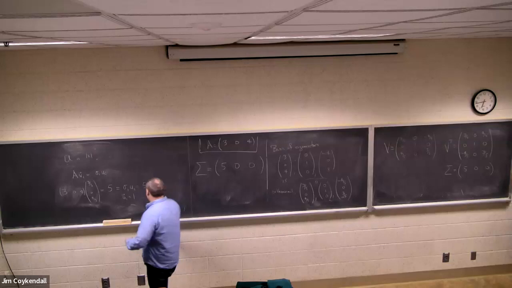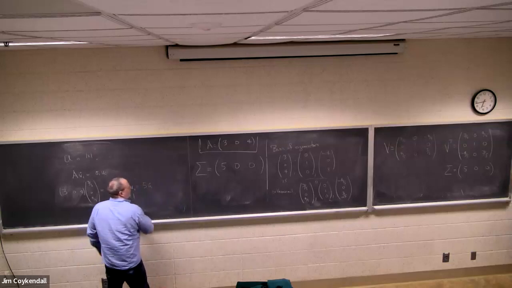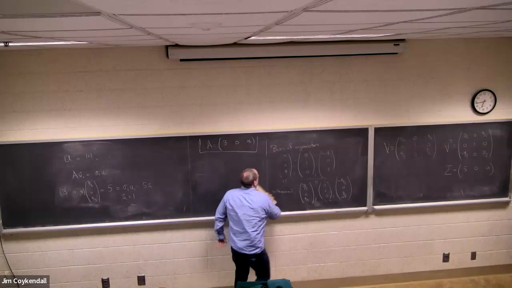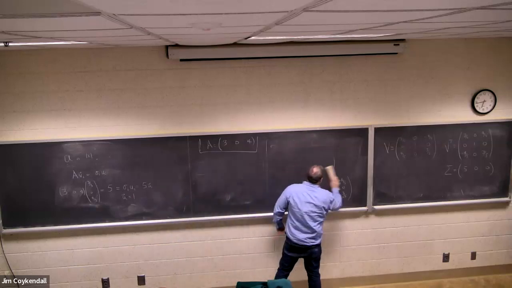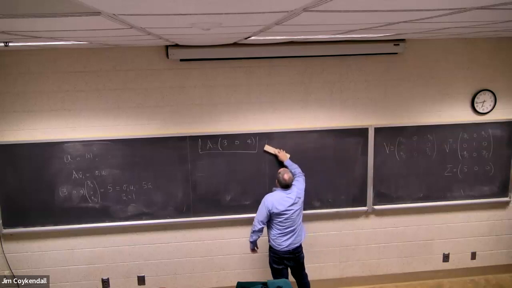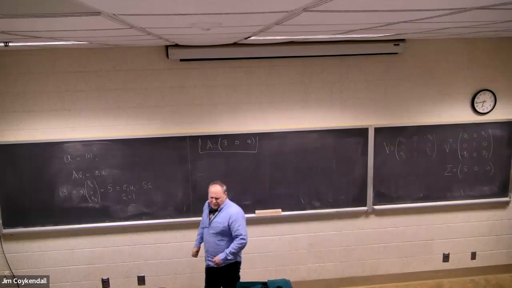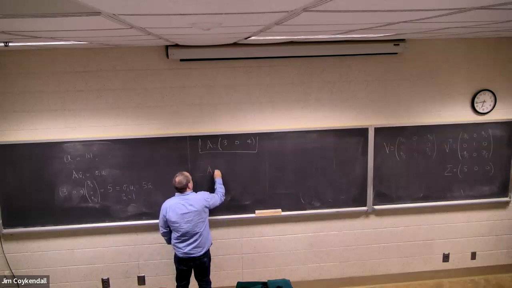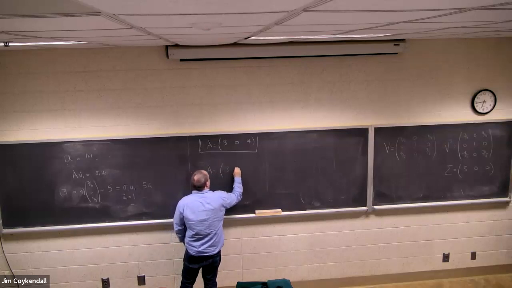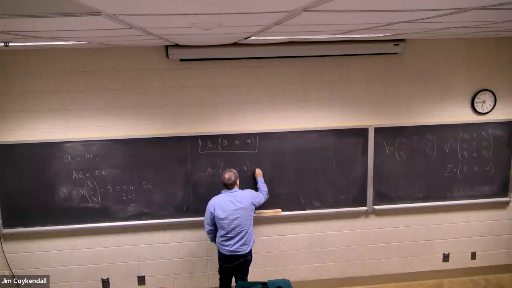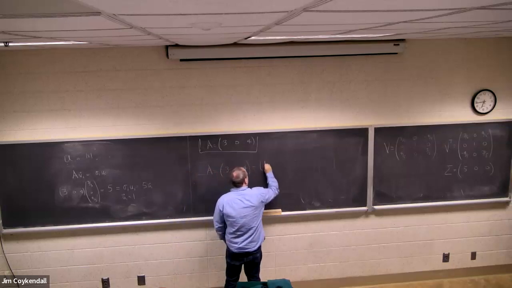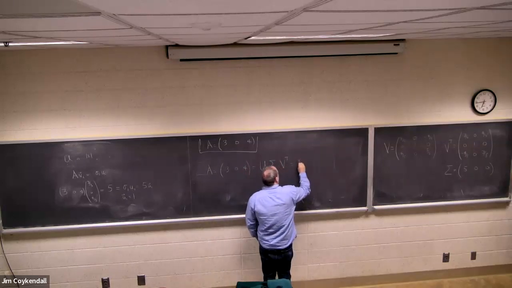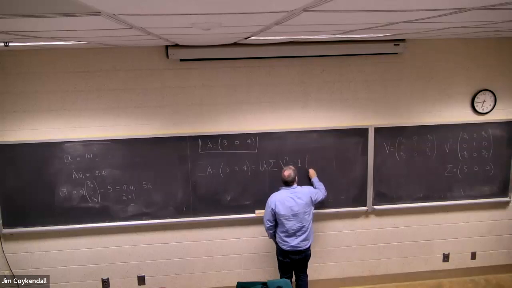So here's what I got. And I'm gonna write this up for thematic purposes. Here's our singular value decomposition: U sigma V transpose, where U in this case is 1, but almost doesn't count.